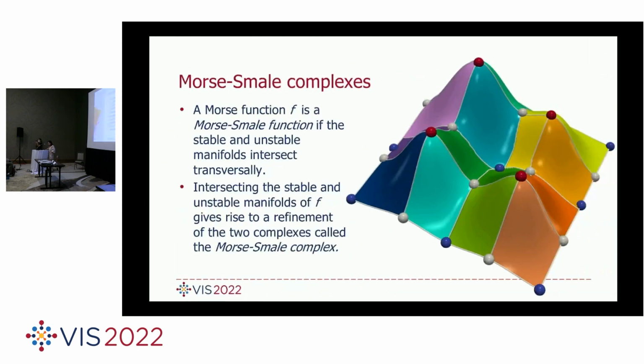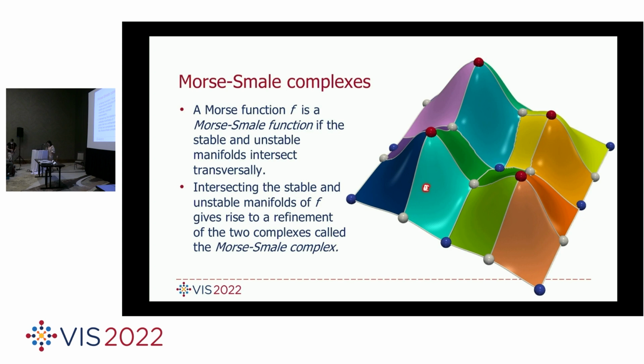And finally, if you take the intersection between the Morse complex of F and the Morse complex of minus F, this is what's called a Morse-Smale complex. Essentially, each of those cells is an intersection between the Morse complex of F and the Morse complex of minus F. One of the defining properties of a cell in the Morse-Smale complex is that if I follow the gradient from points in the cell, it will flow to the same local maximum.